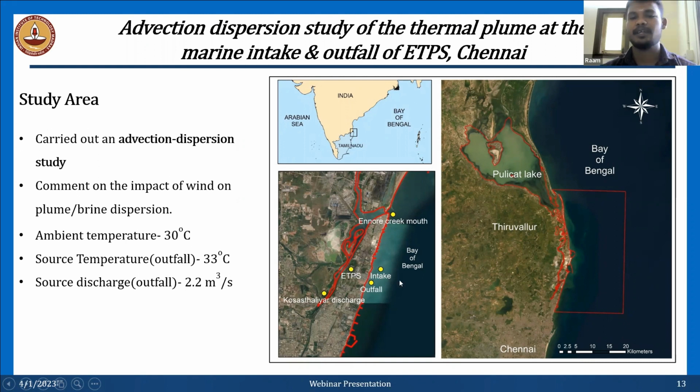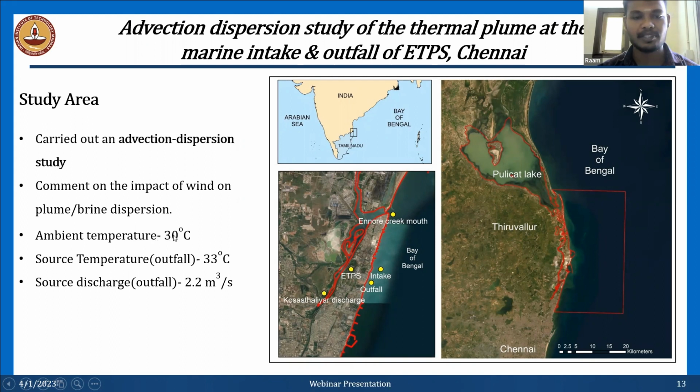In this, our study is to see, if high temperature water is discharged from the outfall, how that discharge is circulating and how it affects the zone. Based upon that, we will decide the intake, because the high temperature outfall water should not be sucked into the system. So we have to decide the intake and outfall position. So this study has been conducted.